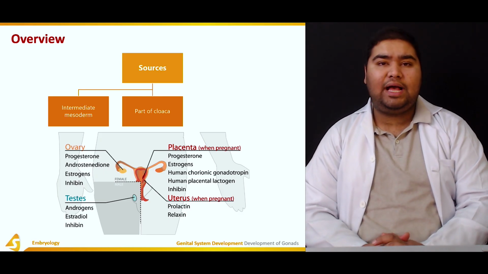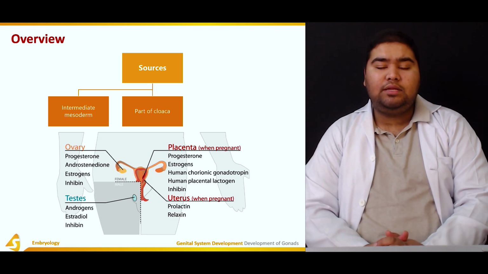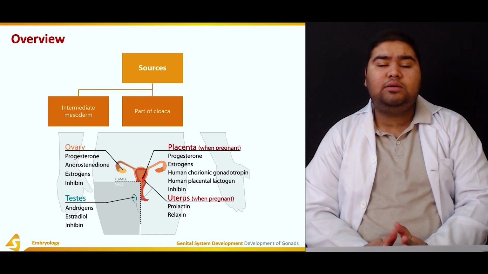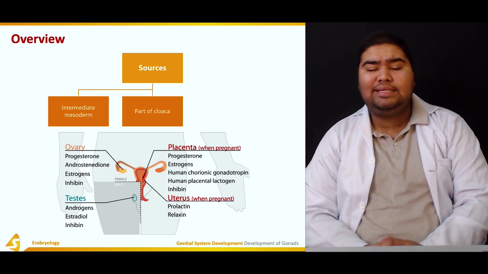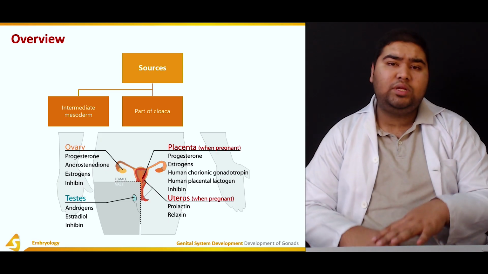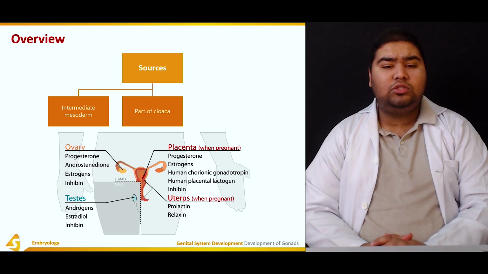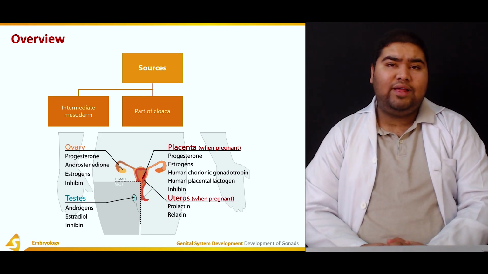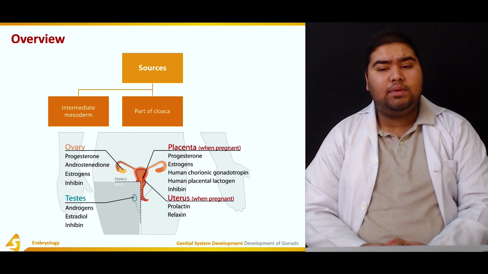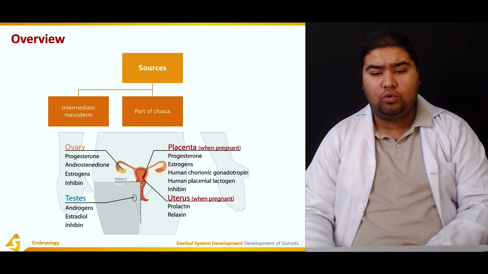And finally, we have the coelomic epithelium, which covers the intermediate mesoderm. The intermediate mesoderm actually lies between the paraxial and the lateral plate mesoderm, and the coelomic epithelium, which covers this intermediate mesoderm, is also a source of the development of the reproductive system in humans. And the third source is the part of cloaca.